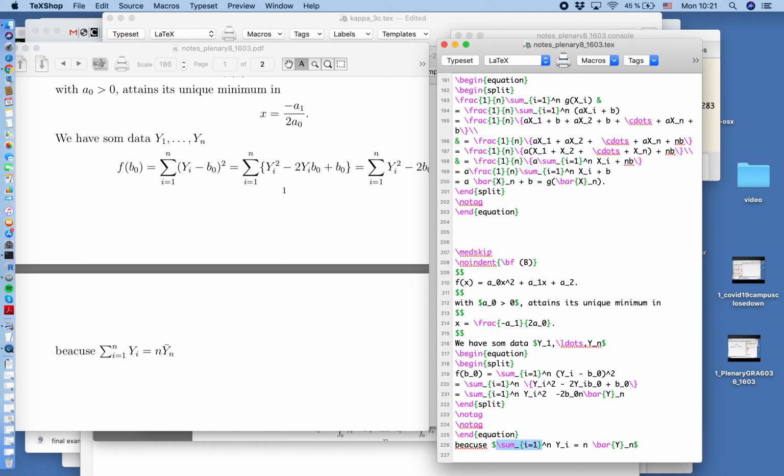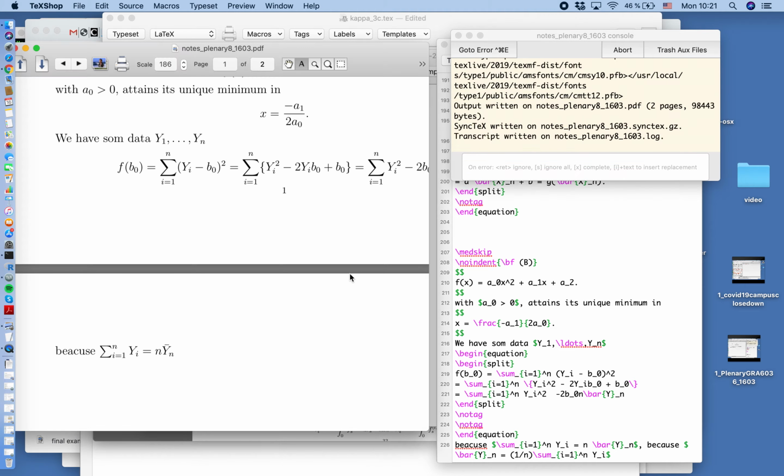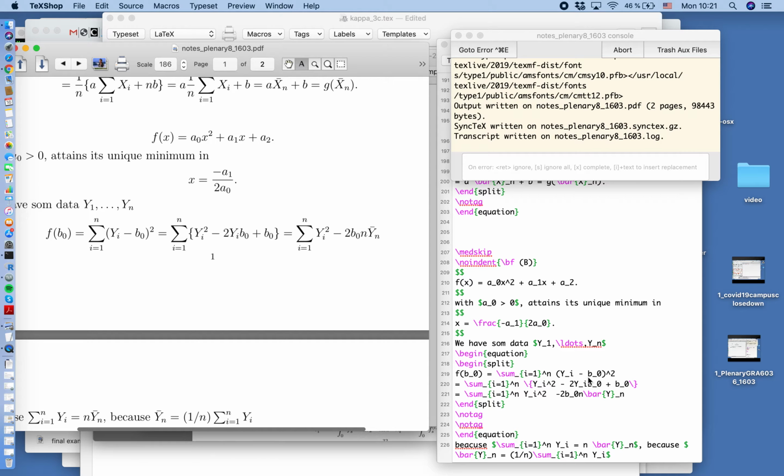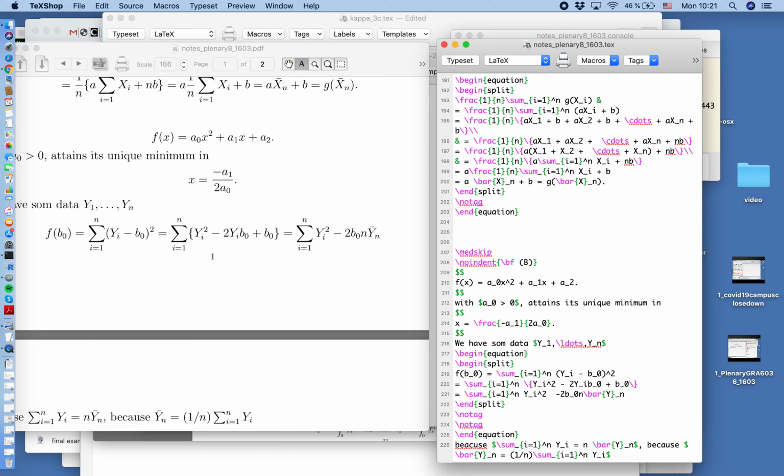You can see it by moving the 1 over n over, because ȳn is defined to be 1 over n times the sum. So that's what we used up here, and then we get plus n times b naught, because we have n of these appearing.